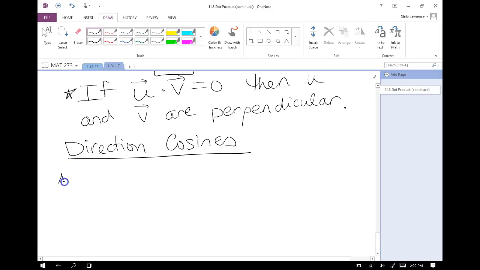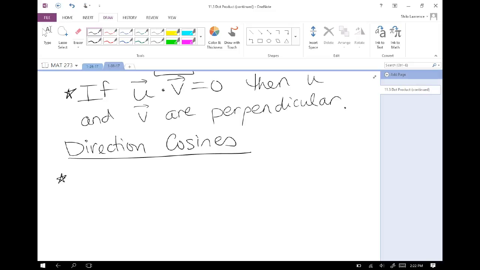So there are times in three-dimensional space where we don't necessarily want to represent a vector by components, which we can think of as either change in each of our coordinates or also as the endpoint if it's in standard position. There are some cases where we might want to know what angle that vector is making with each of our coordinate axes.